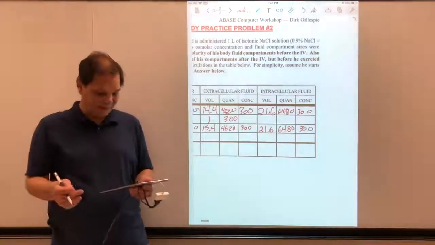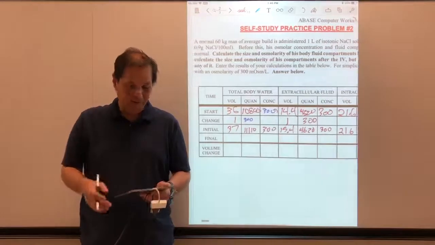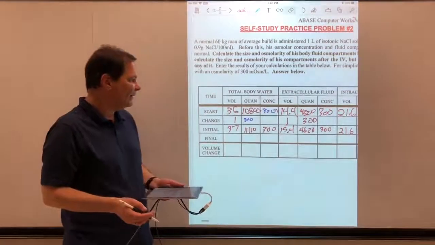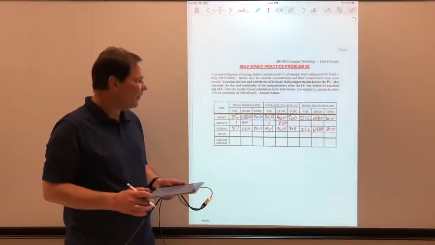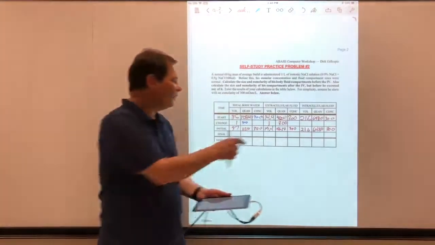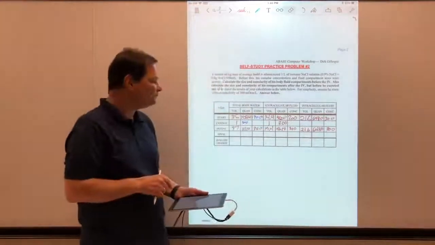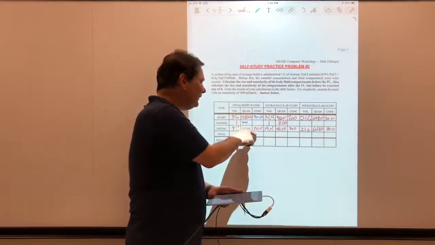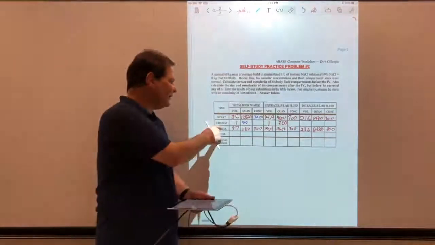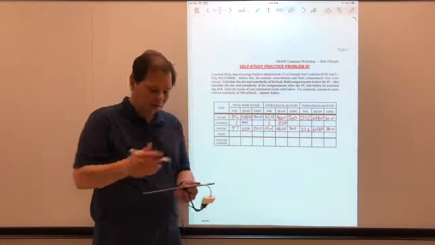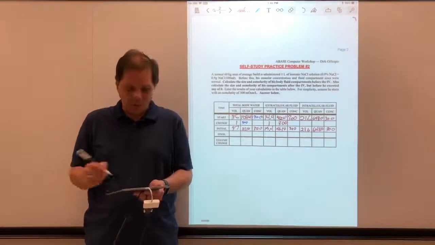It has not changed. So now, water will be distributed down an osmotic gradient. Well, here's the deal. There is no osmotic gradient. We're 300 on the outside, 300 on the inside, and that is equal to the 300 of the total body water. This is the condition that you want in your final condition. So it looks like nothing changes for the final condition because no water moves.